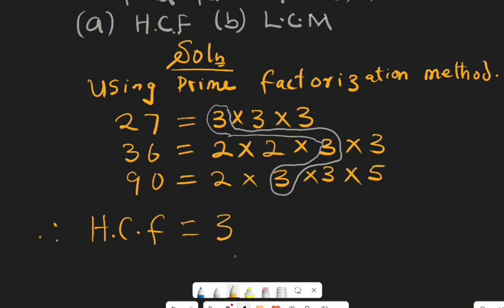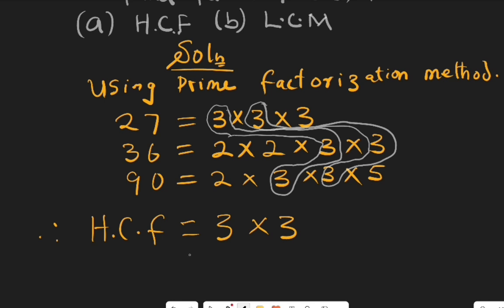We write down 3. We check again, another 3 appears. Meaning 3 appears vertically in 3 lines 2 times. Therefore, HCF is equal to 9.